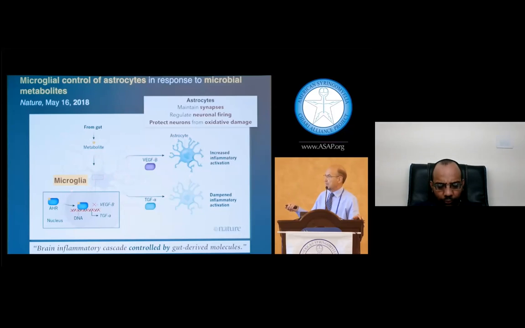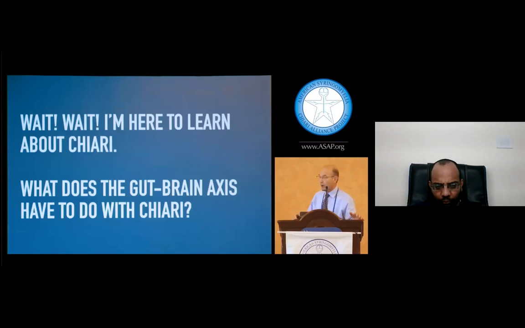The reason this is so important is that now we're seeing some of the pathways laid out. How does it affect our astrocytes? And why are the astrocytes important? They regulate our synapses, the neuronal firing, and they protect the nerves from oxidative damage. So if our astrocytes are inflamed, our neurons aren't going to work as well, and they'll be dysfunctional. Here's a summary: the brain inflammatory cascade is controlled by gut-derived molecules.